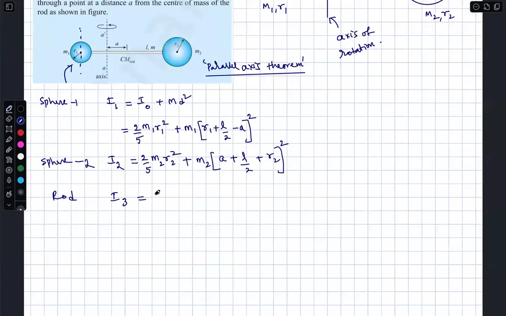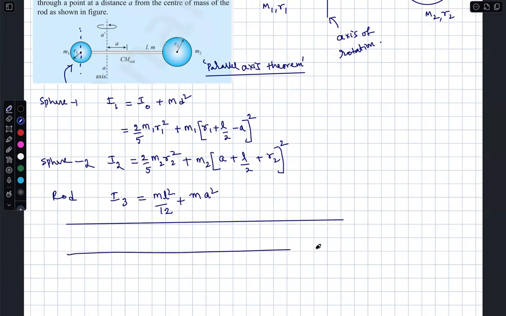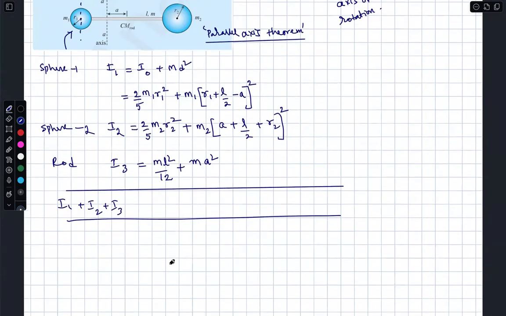What is the moment of inertia of the rod? ML square by 12 about the center of mass plus M a square. So what they are asking is I1 plus I2 plus I3. That's all. Break the problem into pieces and thereafter do it properly. Any doubt in this, please ask me.